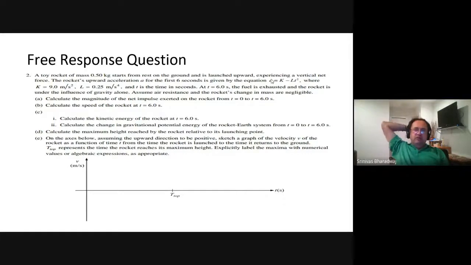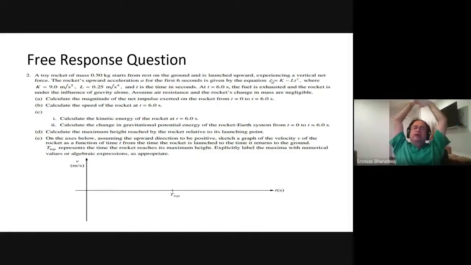So one has to use something like that to calculate the change in gravitational potential energy. You want to know how far it will go first, because the change in the potential energy is a function of position.